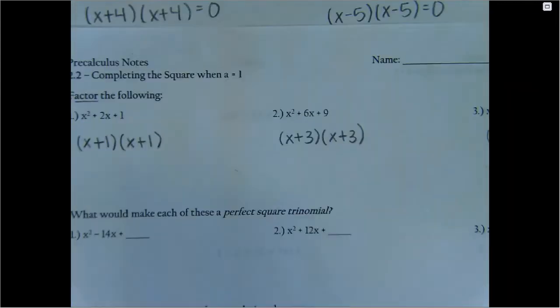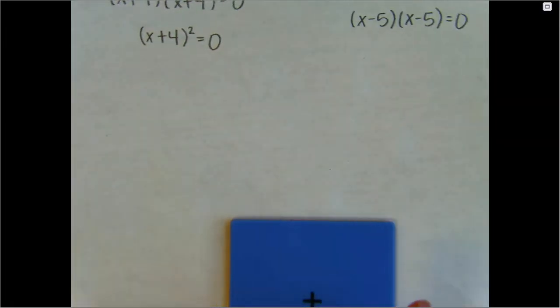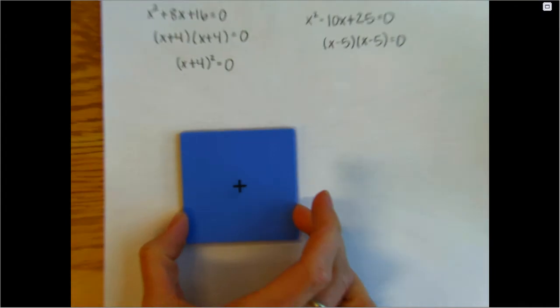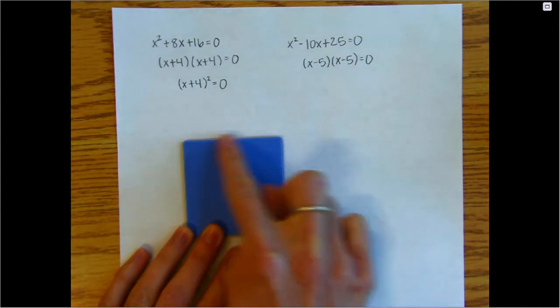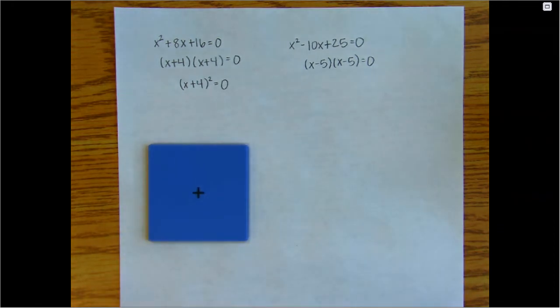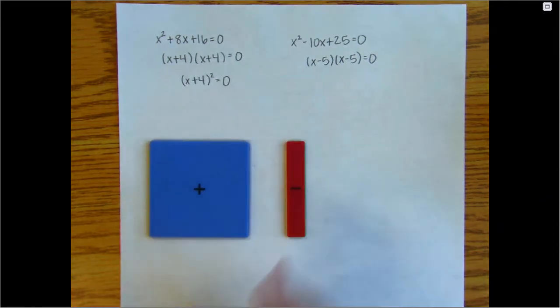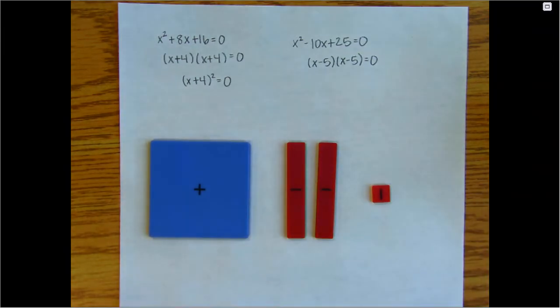Okay, so the reason this is, I got some old school algebra tiles right here. So if this little square represents my x squared, because it's a legitimate square, so x times x, the area of this is x squared. And then I'm going to pretend that these are my two x's. And this little guy, that's my 1 right here.